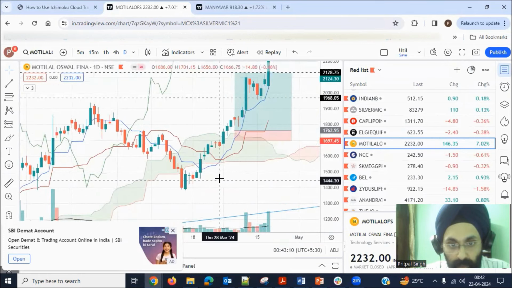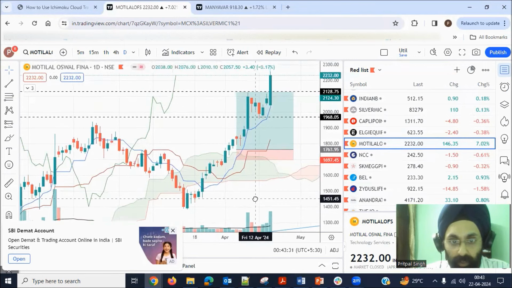The blue line, which is Tenkan Sen, was previously below the red line, but on this 28th March, it crossed above the red line. This is where the crossover happened.